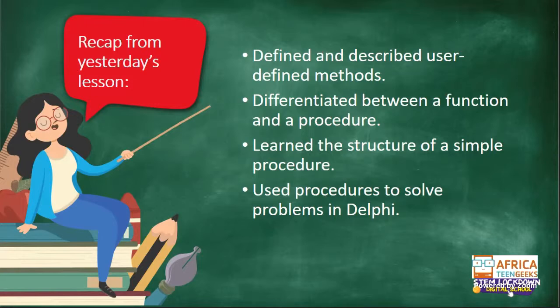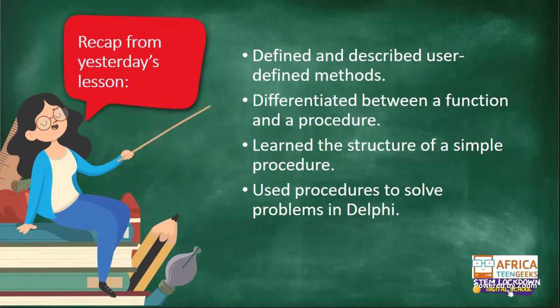We then went on and looked at the different types of methods, which are functions and procedures, and we differentiated between the two. The basic idea is both do a certain task, but a function has the added part where it returns a single answer of a single type at the end.